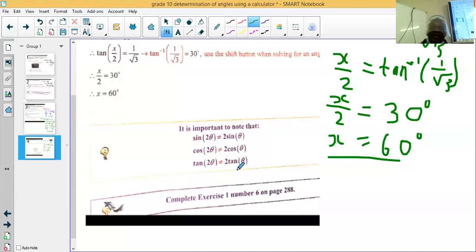Right. Let me go on to exercise 1, number 6, on page 288. For those who wrote, because this work was given to you, can you check and see what you wrote? If you have got challenges, I know where to start from. Let us take note of that, because this topic is very, very important. If you don't get it right, there is no way a miracle can happen in grade 11 and 12.